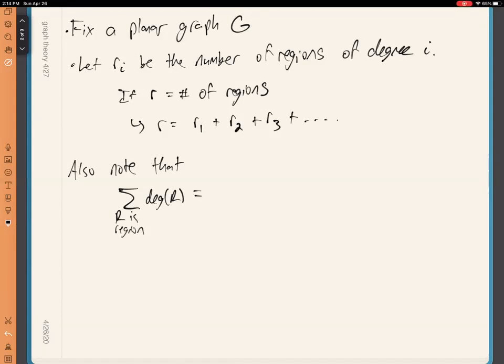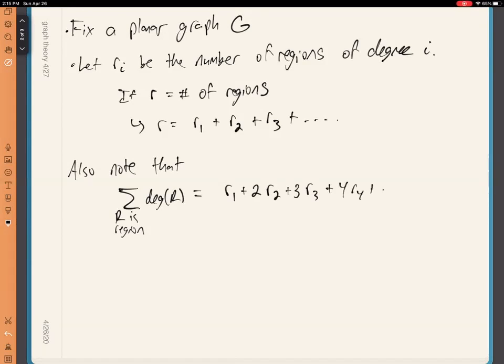Well, one way I can organize the sum is by, for every region of degree 1 that contributes a count of 1. And so since I have r1 of those, I'll have that number. Now for every region of degree 2, it contributes a count of 2 towards the sum. So I'll have 2 times r2. Every region of degree 3 contributes a count of 3 towards the sum of all the degrees. So I'll have plus 3 times r3 and so on, right?